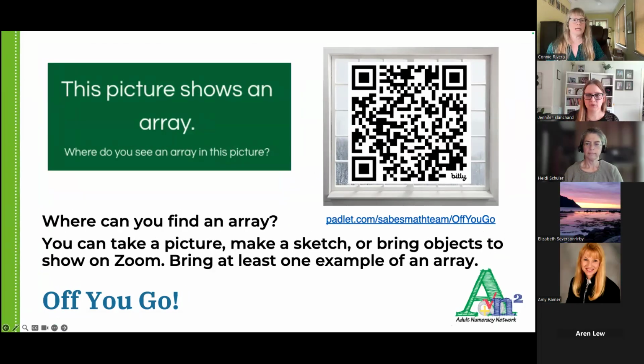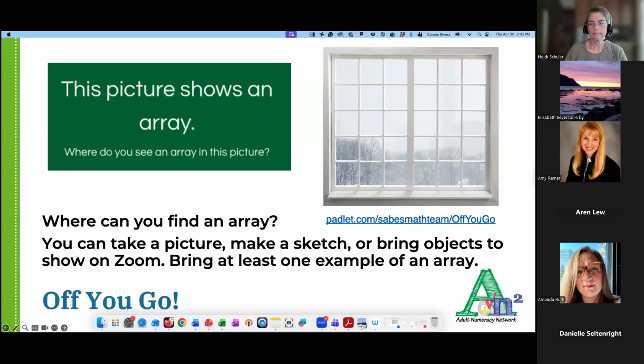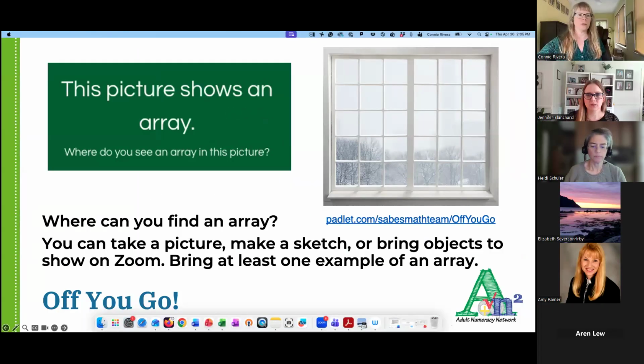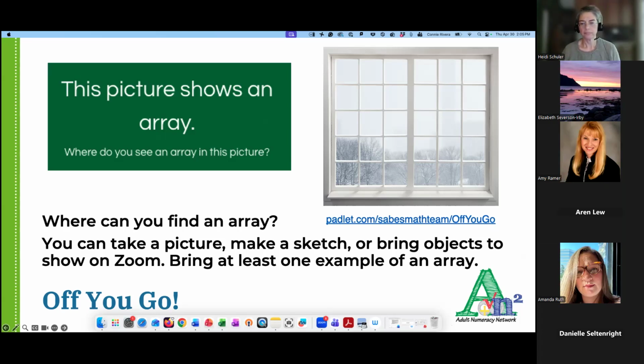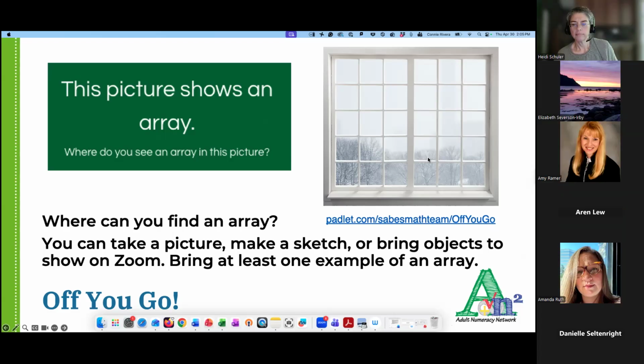Go back to the slides. Oh, I just lost my pictures of you. There we go. So this is an option for Padlet or for holding something up to the screen. So I invite you, if you're back with your array, to show us.